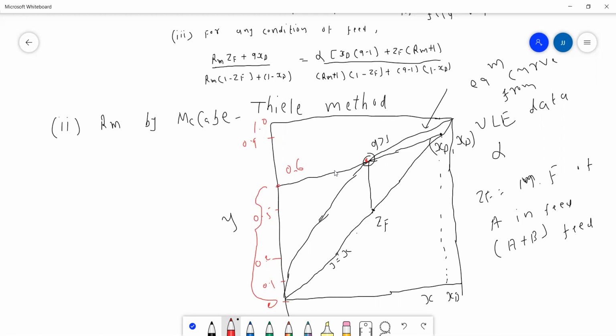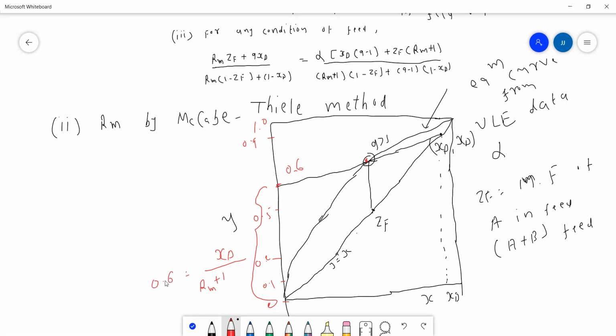And this intercept is nothing but XD divided by RM plus 1, which is equal to, let's say it touches at 0.6, then it is 0.6.